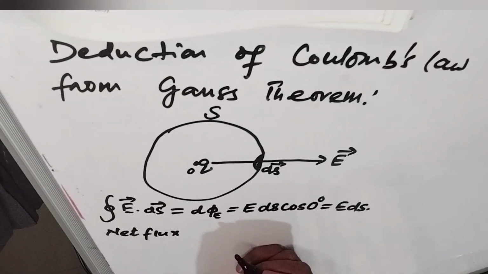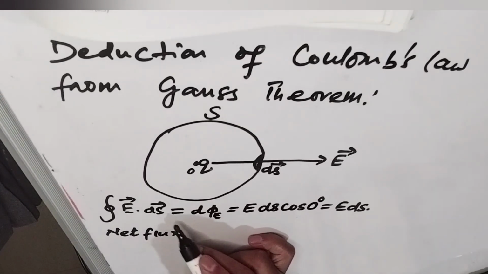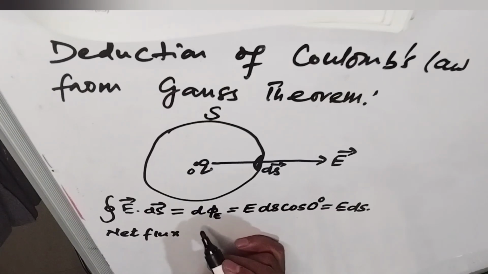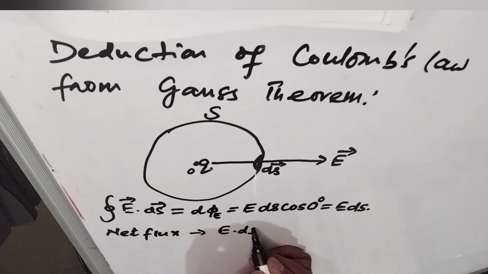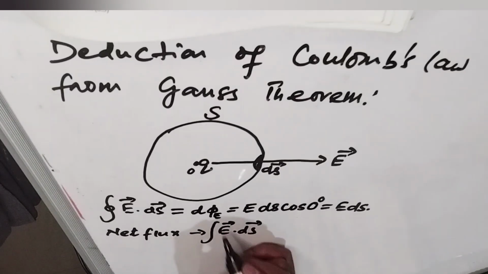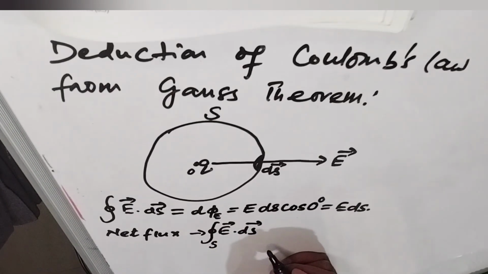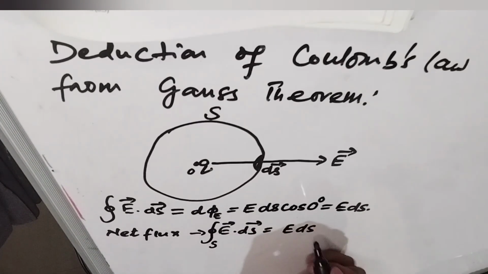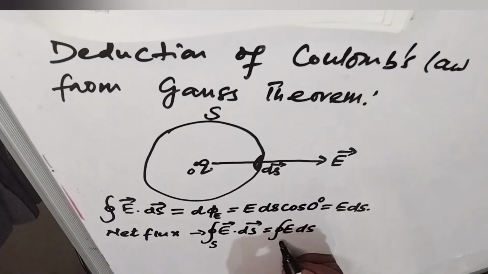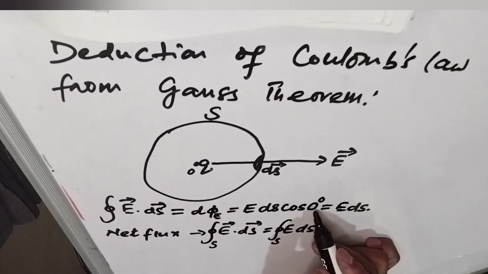And the net flux will be the integration of E dot ds over the whole closed surface S, which would be written like this: E ds integration over the closed surface of S, because cos 0 is 1.